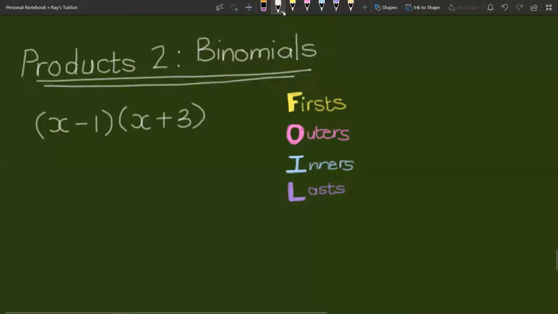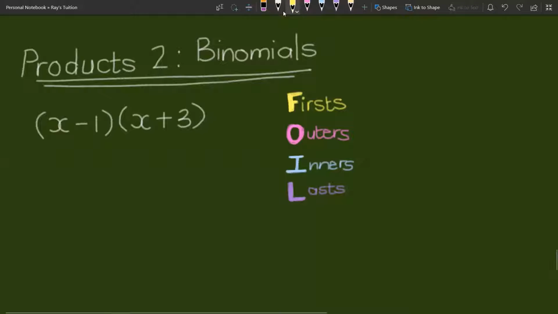The FOIL method basically distributes the first term x to both of the terms in the second bracket, and it then distributes the second term in the first bracket to both the terms in the second bracket. If you would like to do it that way, there is no problem, because that is also completely fine, and it's using the distributive law that we spoke about in the previous video. So let us have a look at FOIL.